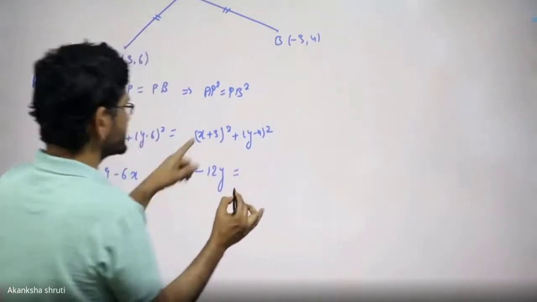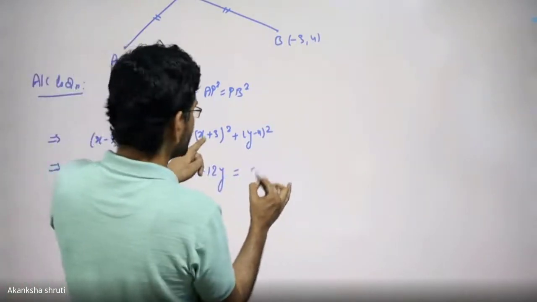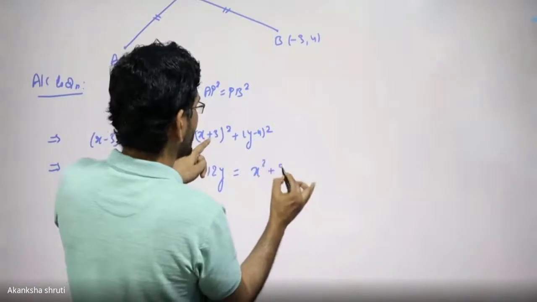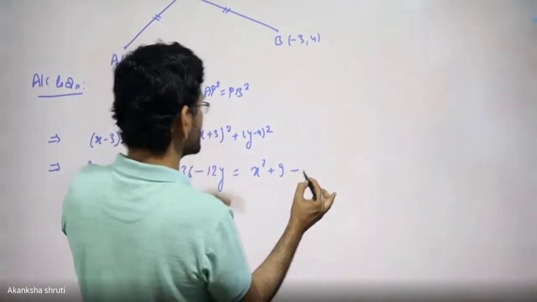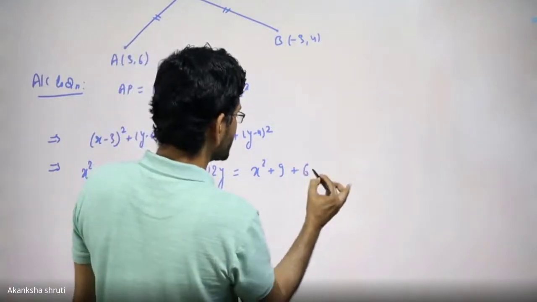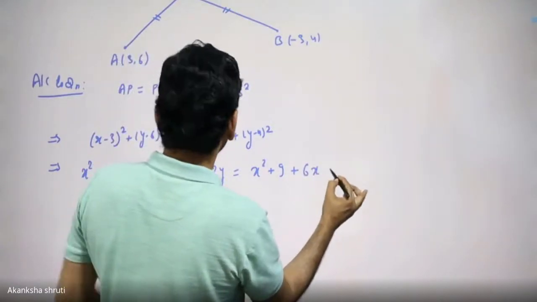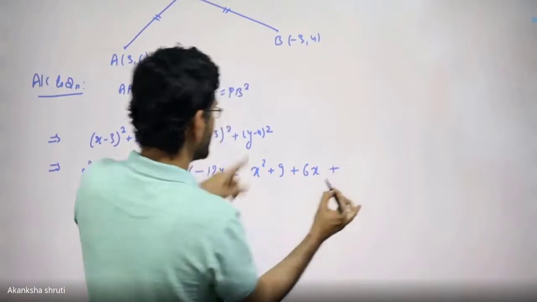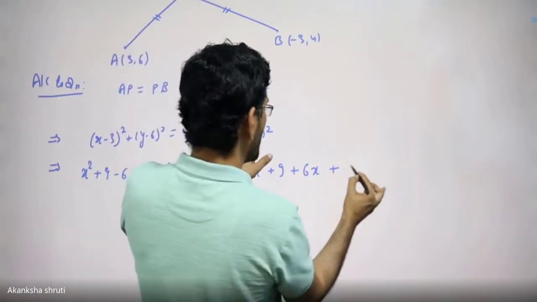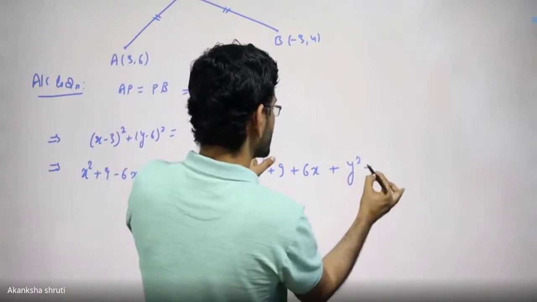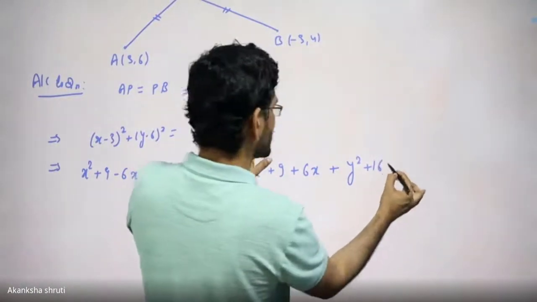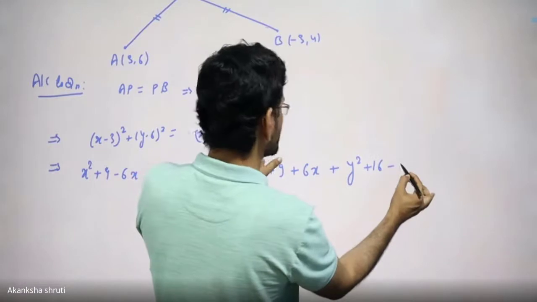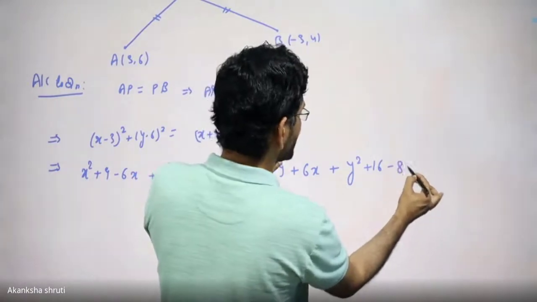On the right hand side, we have x square plus 3 square is 9 plus 2 into x into 3, 6x, then y square plus 4 square is 16, minus 2 into y into 4, so 4 twos are 8y.